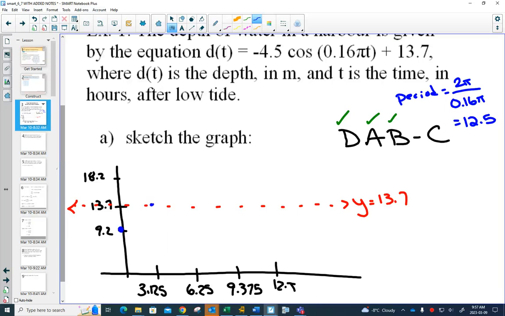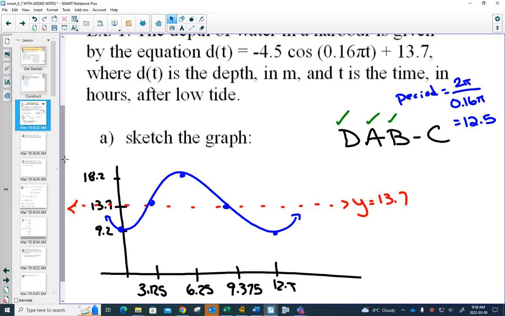Minimum, center line, maximum, center line, minimum. And we've got our graph.